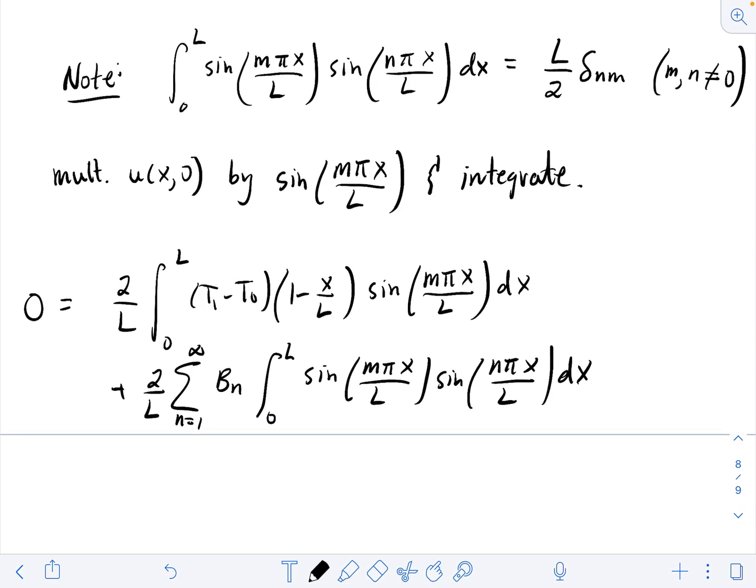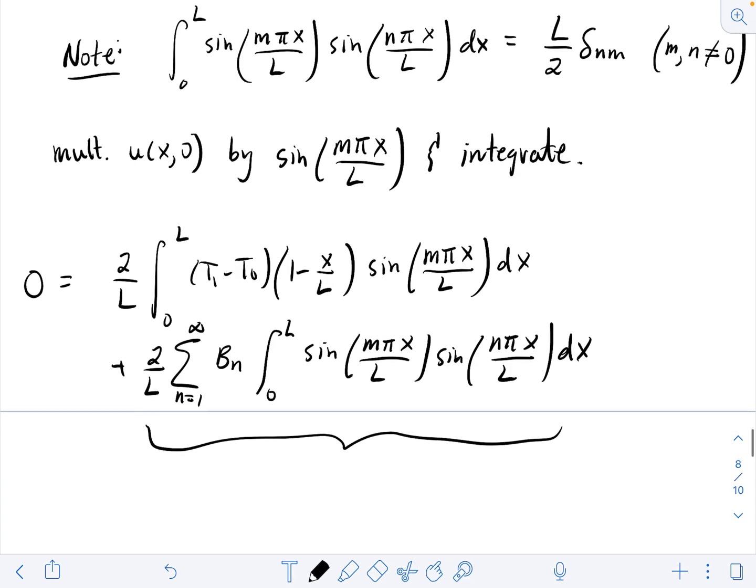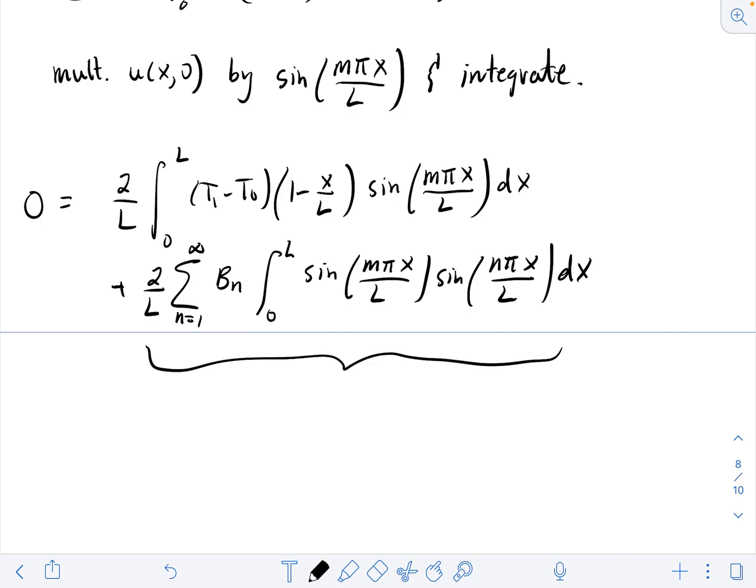Now what we're going to do is say the second integral we have is the 2 over L and the integral of the products of the sines, that leads to the delta function. And so we have a sum from n equals 1 to infinity, and then b_n are left over.